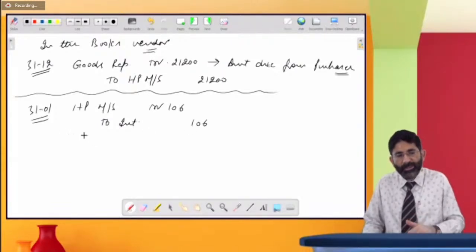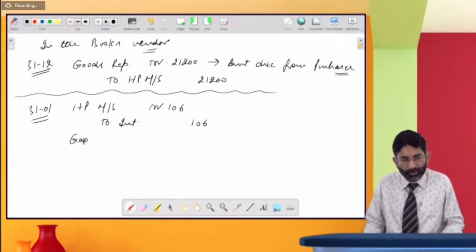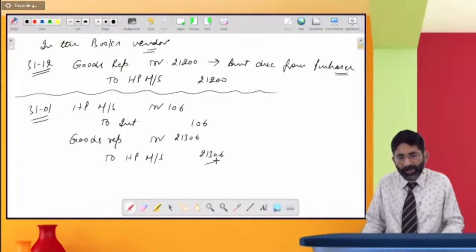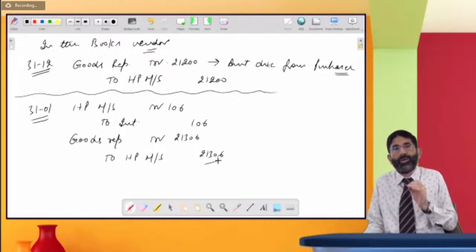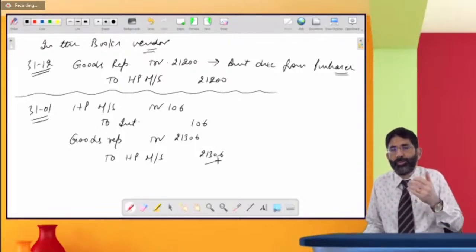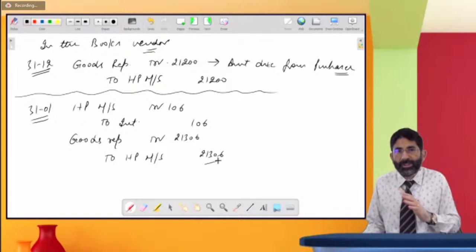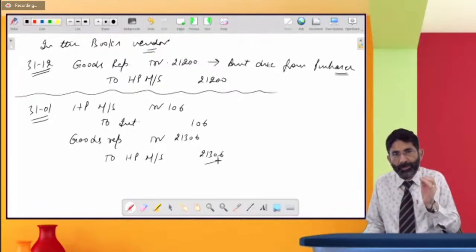And then when he will acquire it on 31st of January, he will pass an entry goods repossessed account debit to HP Messrs. The value of 21,306 will be the amount. That's it. He doesn't have any relation with the closing balance of asset in the books of purchaser. He will not have to consider this thing. He will have to just repossess the goods against the amount due from purchaser.